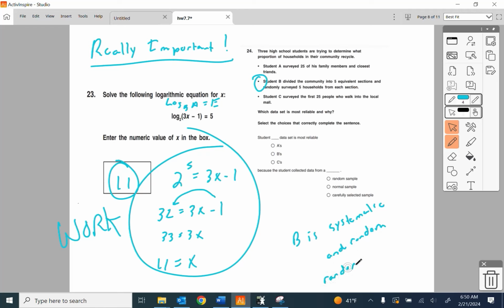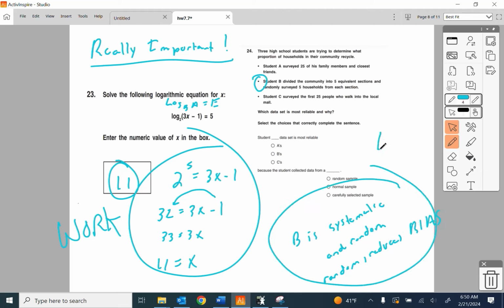Randomness reduces bias. Write that. So it's those two. Most reliable is B because it's random.